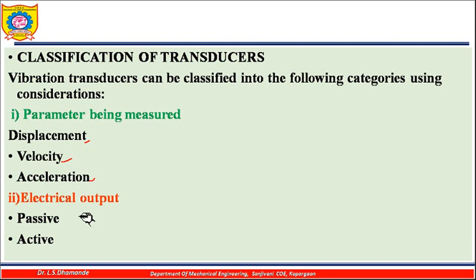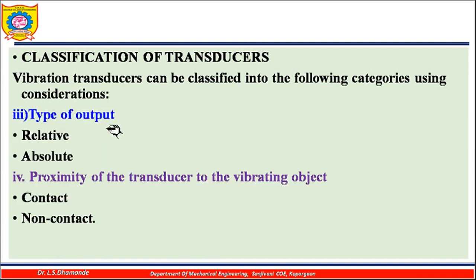At the same time, depending upon the electrical output, whether it is passive or active, two types are there. Then depending on the type of output, whether it is the relative or absolute value of the vibration. And the fourth is the proximity of the transducer to the vibrating object, meaning contact type or non-contact type.